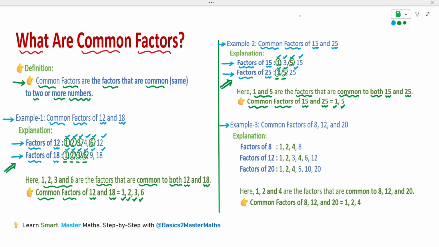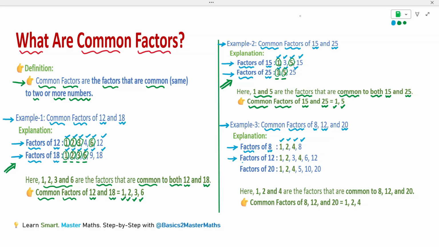Example 3. Common factors of 8, 12 and 20. We know that factors of 8 are 1, 2, 4 and 8.